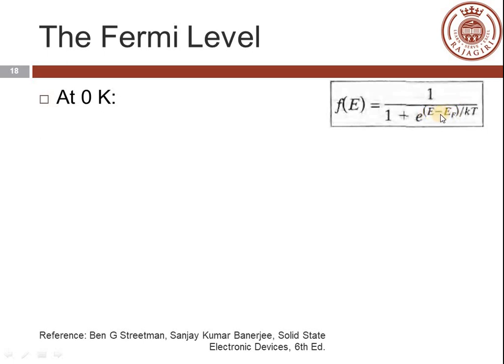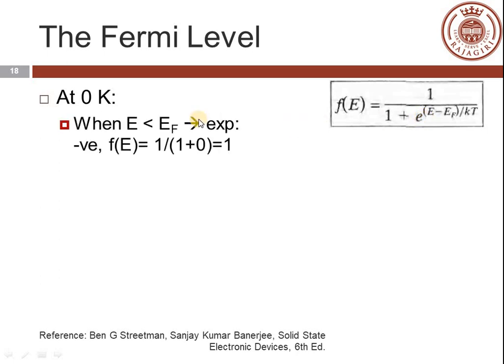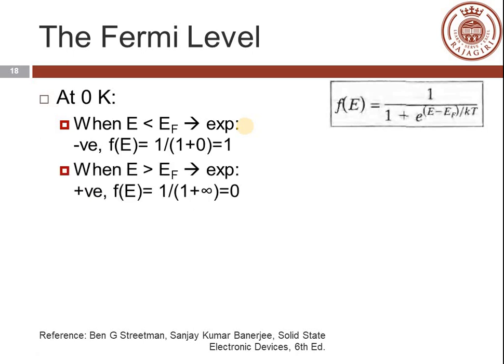If E is greater than EF, it will be e to the power plus infinity. If E is less than EF, it will be e to the power minus infinity. When E is less than EF, we have 1 divided by 1 plus 0, so the occupation probability is 1. When E is greater than EF, f(E) equals 1 by 1 plus infinity, which is equal to 0.